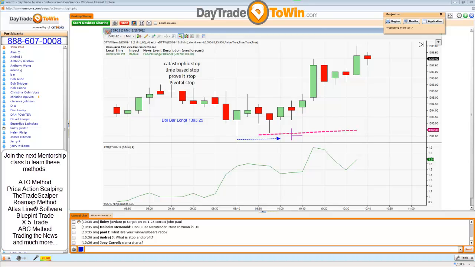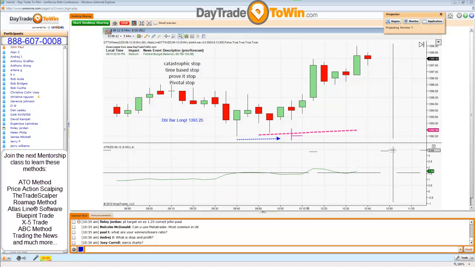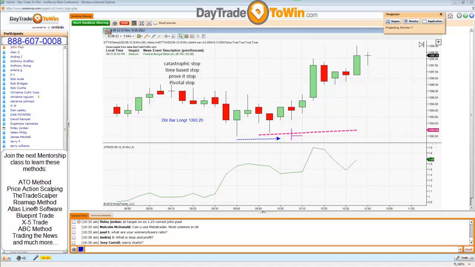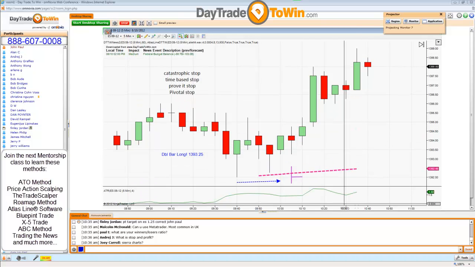If I look at this as being 3 points or 4 points, it's all based on the current conditions. And if you haven't seen a video yet on the ATR, you can go ahead and download the free videos that are available on DayTradeToWin.com, and I think it'll explain to you in pretty good detail how I use the ATR and, more importantly, why.